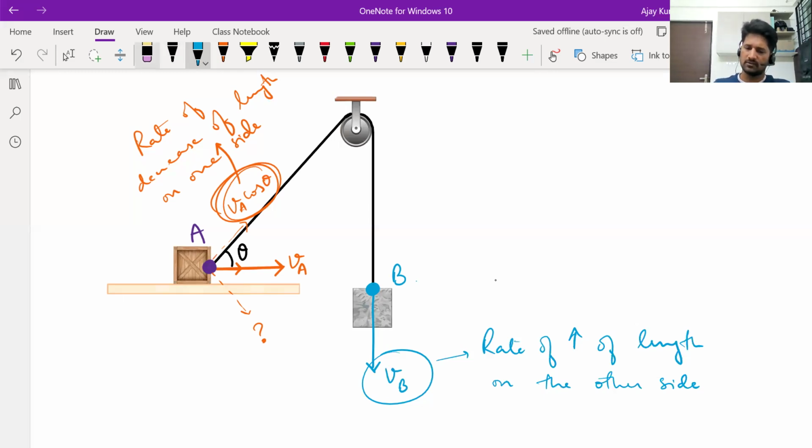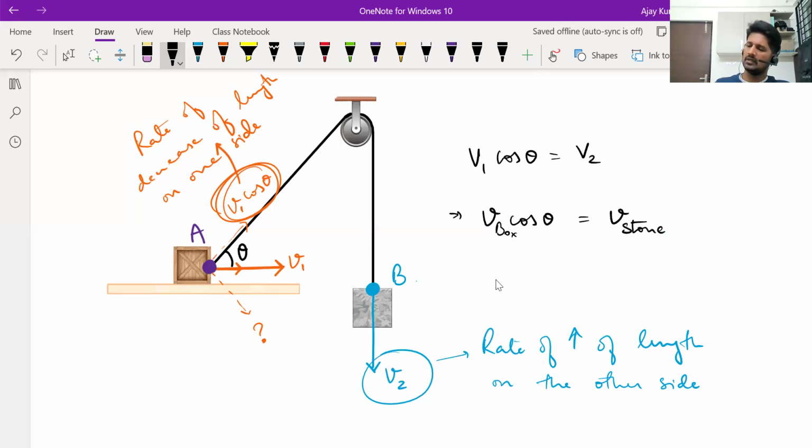Therefore, let's call them V1 and V2. Therefore, V1 cos theta is equal to V2. That means velocity of the box cos theta is equal to velocity of the stone. And this is the relation that we got before also.